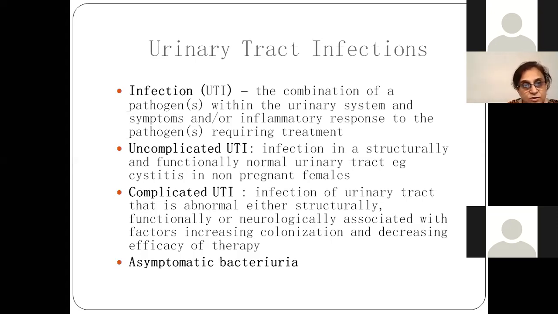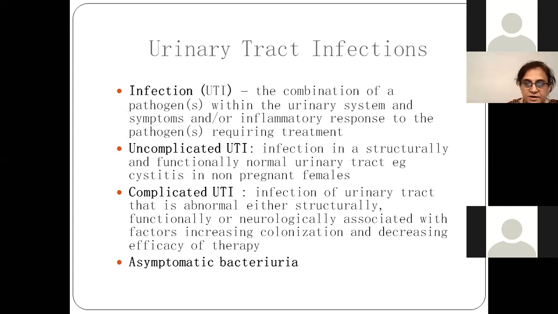Otherwise, there is no other predisposing factor to the infection. So, in uncomplicated UTIs, the urinary tract is normal, and this occurs usually in normal adult females. What's a complicated UTI?